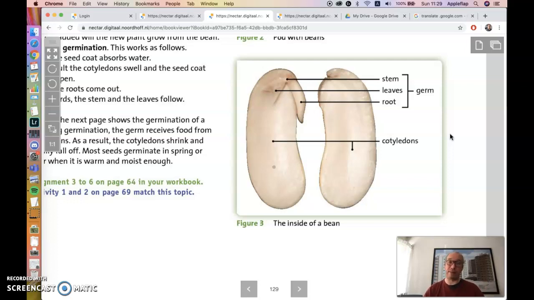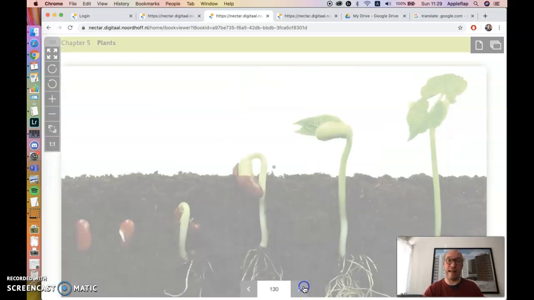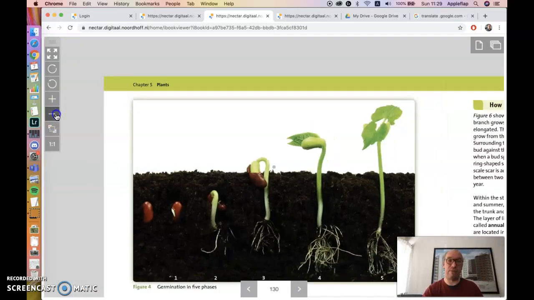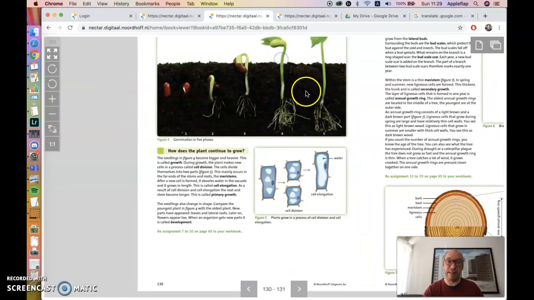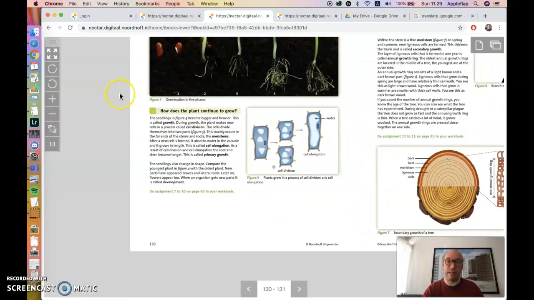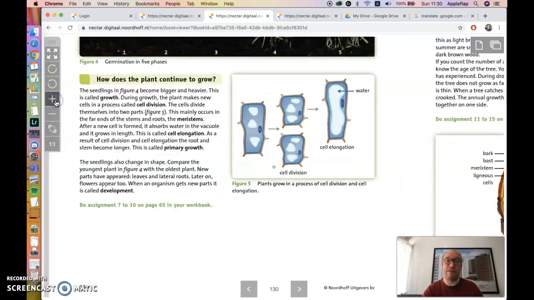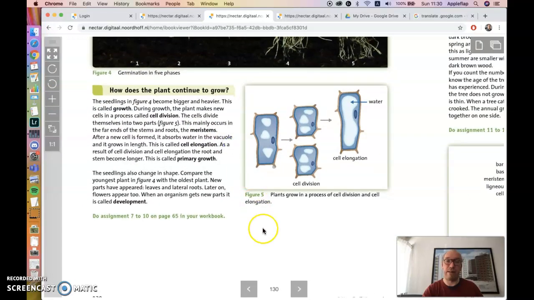So when the vacuoles are filled up with water, the plant cell grows. It's called cell elongation, and you can see it actually on the next page. So let's zoom out a bit. Here it is. So it says cell elongation is when the vacuole fills itself up with water.